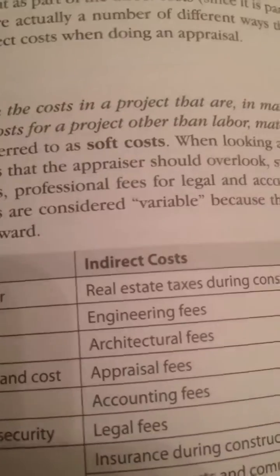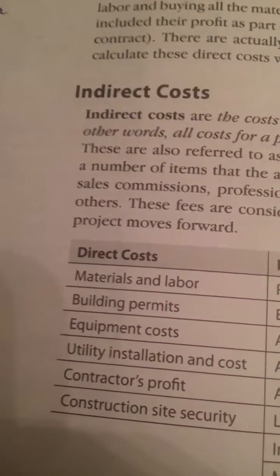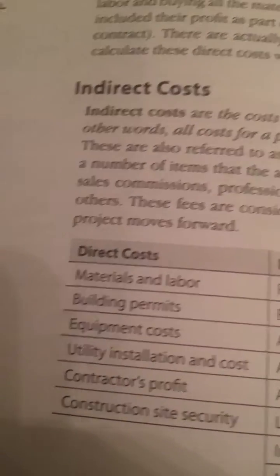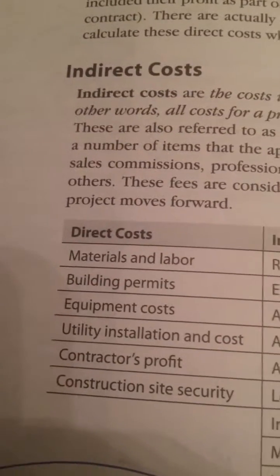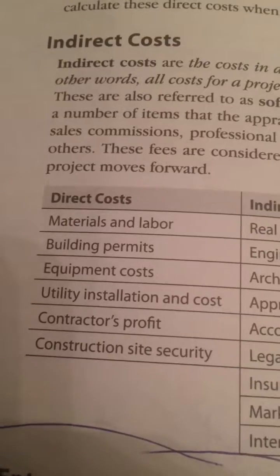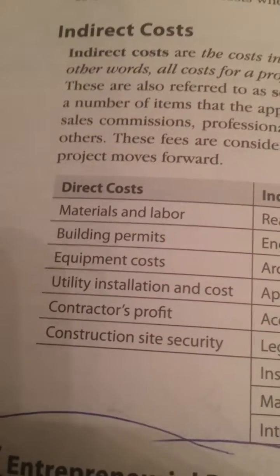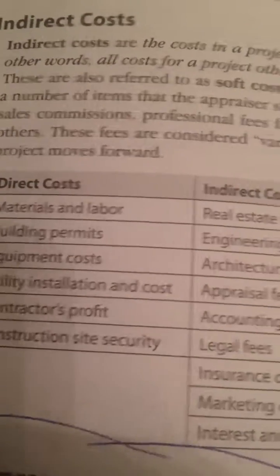Direct costs, indirect costs. Under direct costs, you have materials and labor, building permits, equipment costs, utility installation and cost, contractor's profit, construction site security.